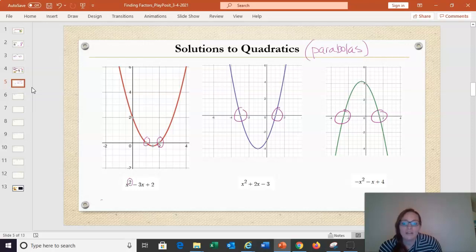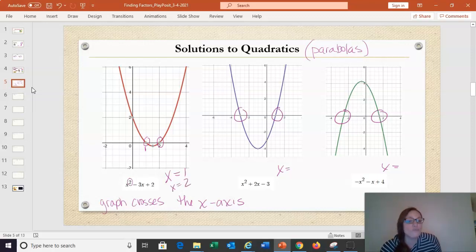It's where the graph crosses the x-axis. That makes so much sense because when we solve these, we're getting x equals, x equals, and it equals those values. Here, x equals 1 and x equals 2. There are 2 solutions, 2 roots, 2 zeros. They all mean the same thing.